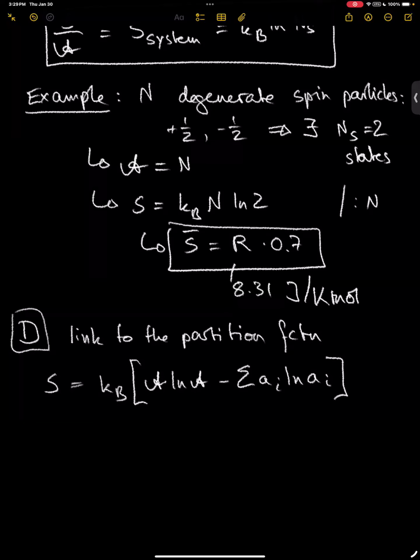And we have encountered these population numbers already when introducing the Boltzmann factor, right? So remember, your Boltzmann probability is a_i over A, and hence our population number is nothing else than probability times A.